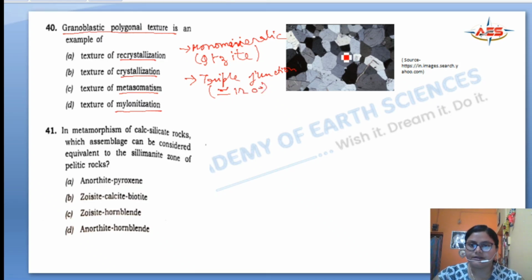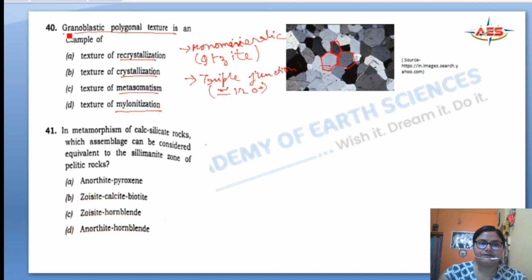Now see in the figure, this grain is meeting with the other two grains at a triple junction. Okay, generally this feature is present in the case of recrystallization texture, and also monomineralic means these are the quartz grains. Okay, this is also a property of a recrystallization texture.